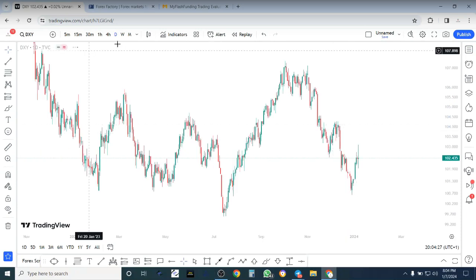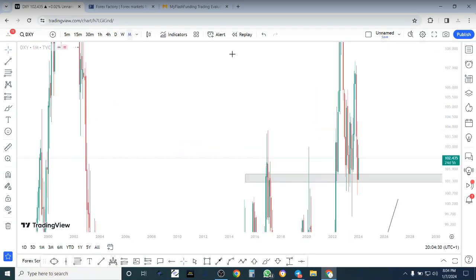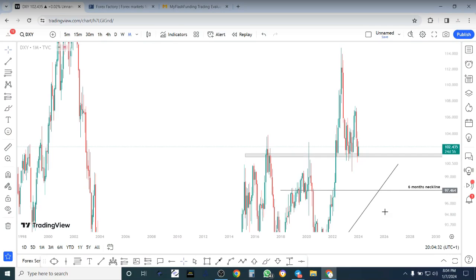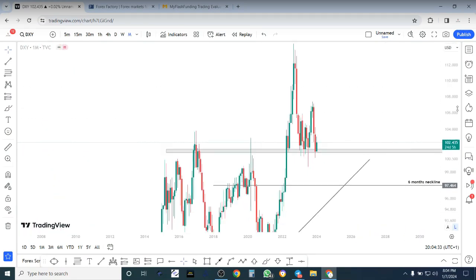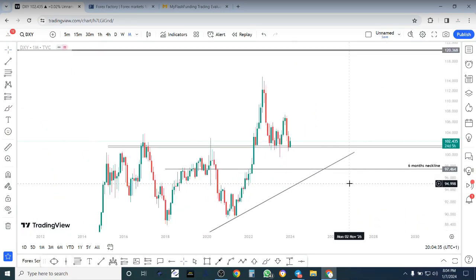So on DXY, I like to look at things from the monthly time frame. If you've been watching my YouTube videos, in my two previous videos last month, I talked about a bearish dollar for the first 3 months of this year, right? I also called your attention to this obstacle, this particular support level here to contend with.